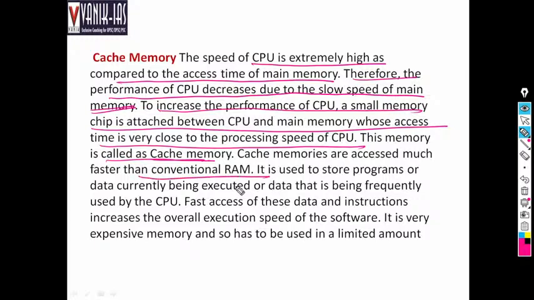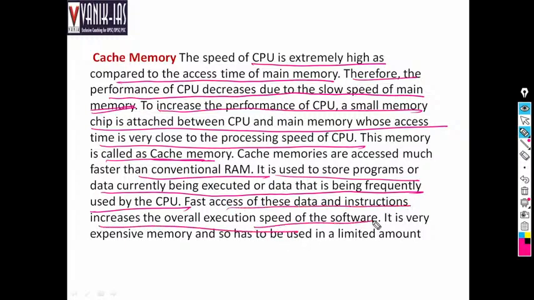It is used to store programs or data currently being executed or frequently used by the CPU. Fast access of these data and instructions increases the overall execution speed of the software. It is a very expensive memory and has to be used in limited amount.